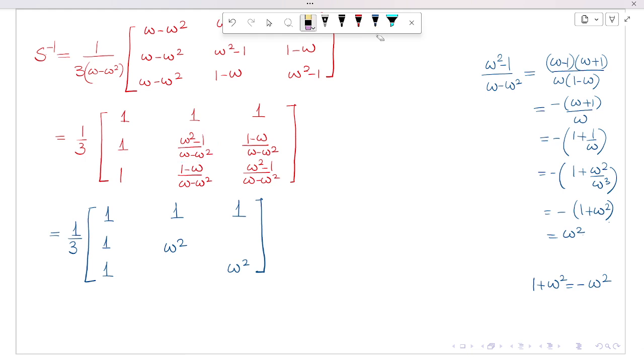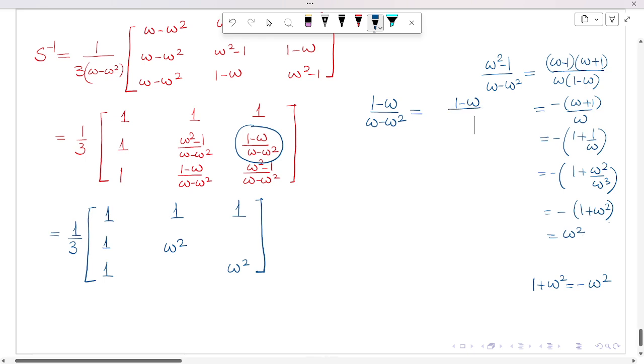And let us now calculate this thing. 1 minus omega and omega minus omega square. So this is actually 1 plus omega square is equal to minus omega. So this should be omega, only omega, not omega square.